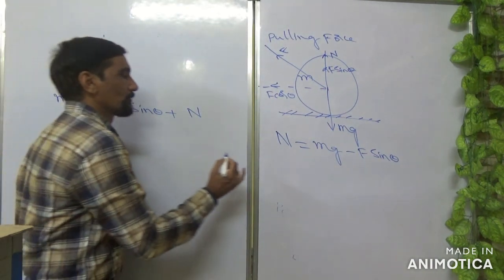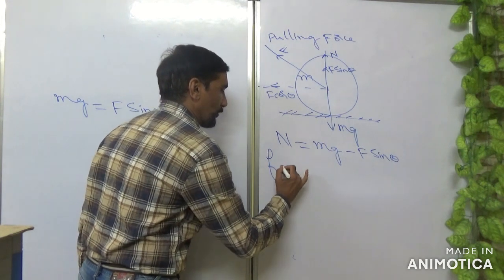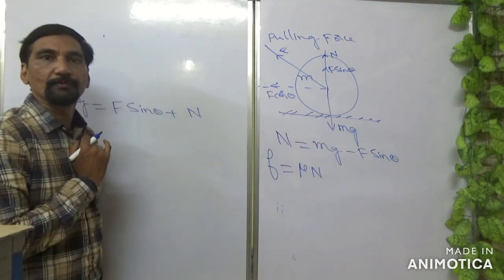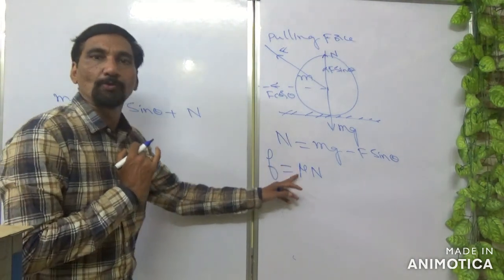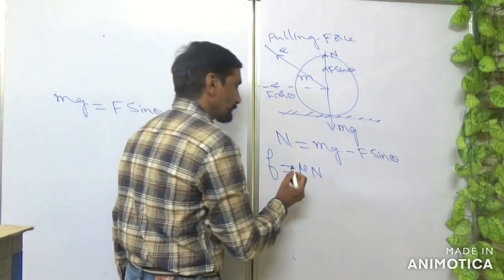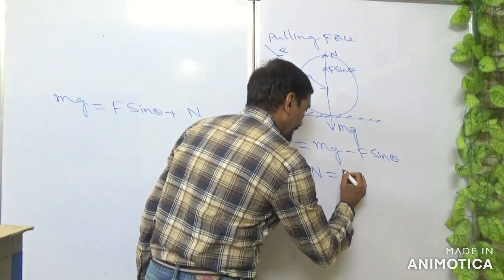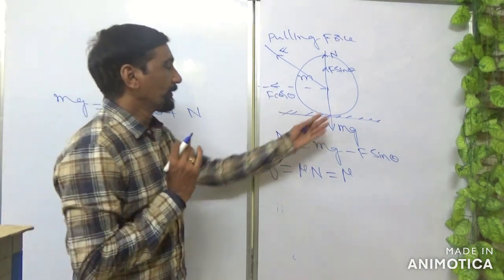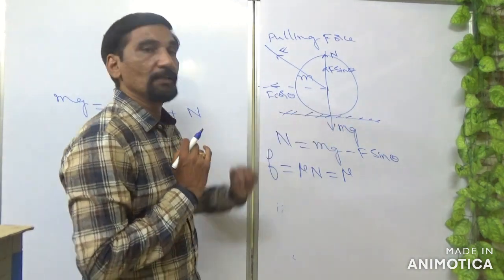Now the frictional force is always equal to mu N, remember. Anywhere, frictional force equals mu N. Mu means the coefficient of friction between the ground and the body.